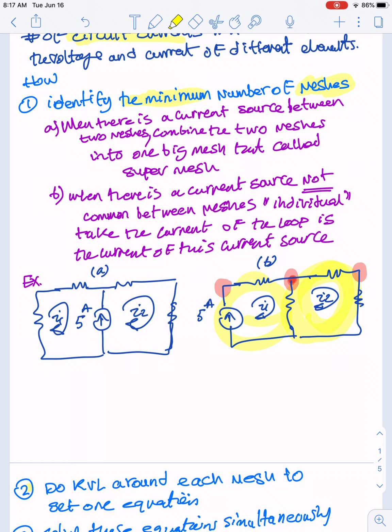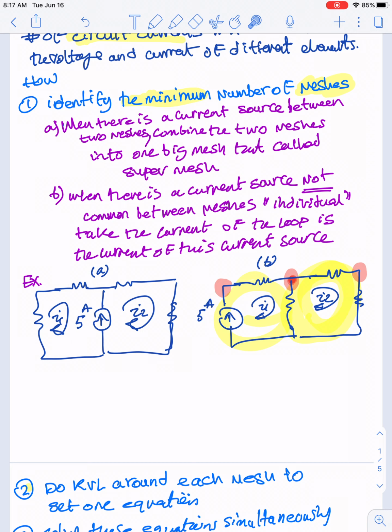The first step here is to identify the minimum number of meshes. How can we identify the minimum number of meshes, or reduce the number of meshes? We have two cases, case A and case B. When there is a current source between two meshes, we have to combine the two meshes into one big mesh, and we call this a super mesh, like in this case.